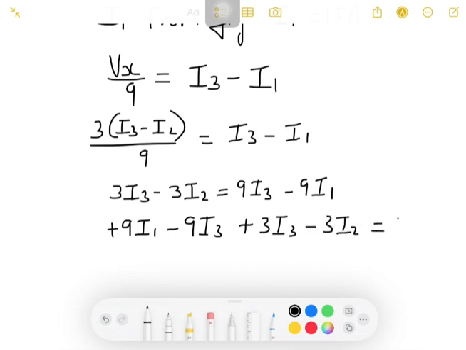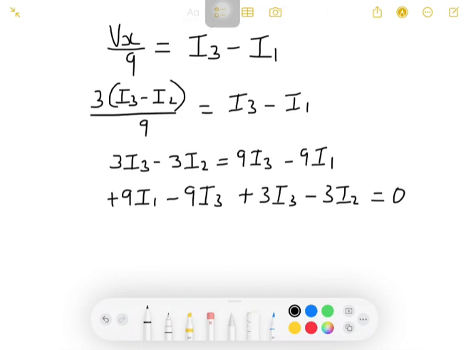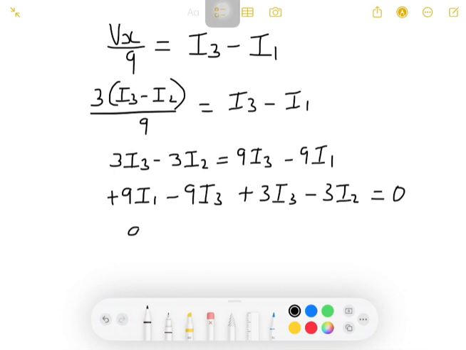If I add the I3 terms, first I will write the I1 as same as it is. So for I2 it is minus 3 into I2, and for I3, 9 minus 3, that will be 6 I3, equal to 0.